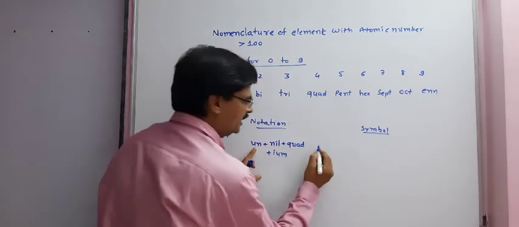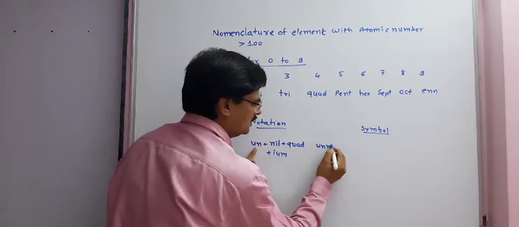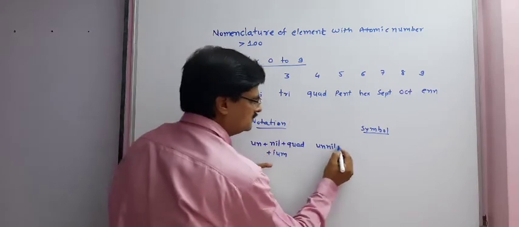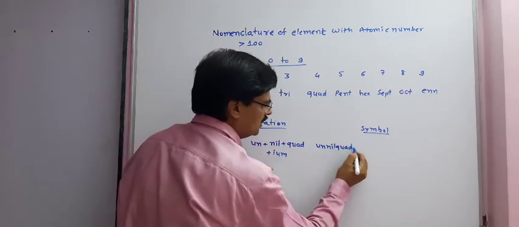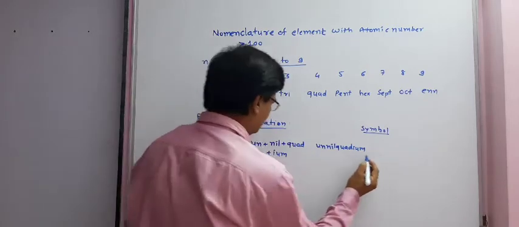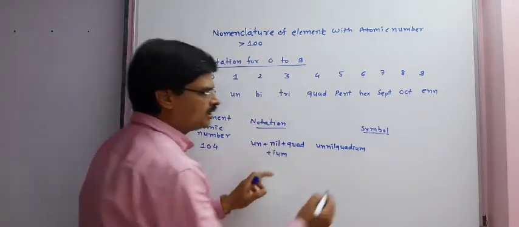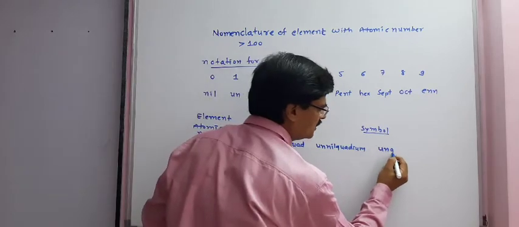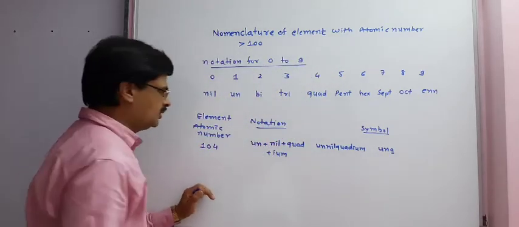So the name will be unnilquadium. And the symbol will be U and Q.